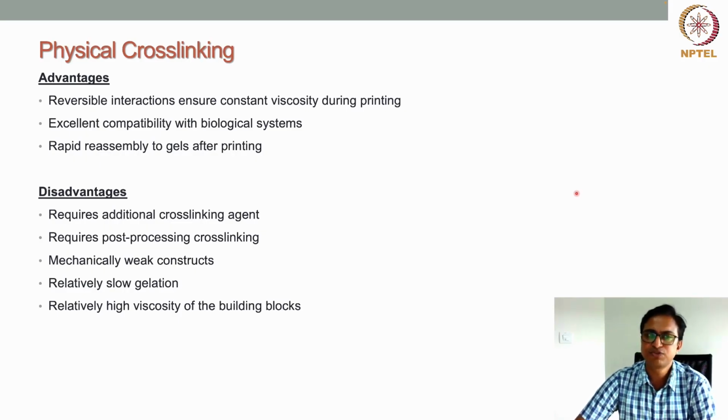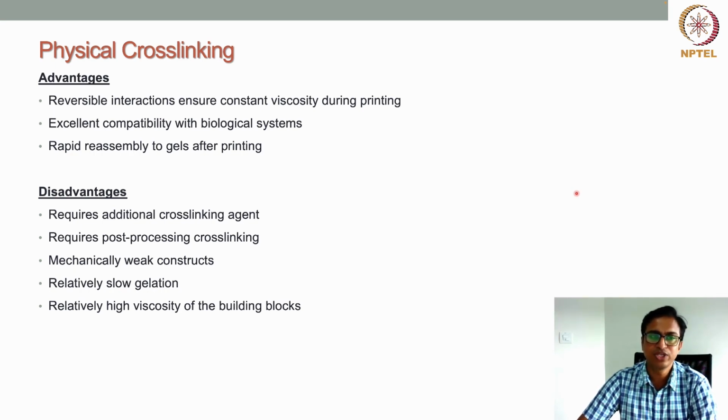And this physical cross-linking system is highly biocompatible with biological systems, because no chemical reaction is involved. It's mostly physical in nature. That's why it is excellently compatible with the biological system, and it can be very well used for different bioprinting applications.